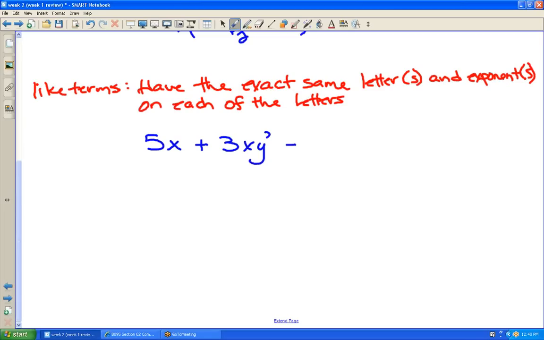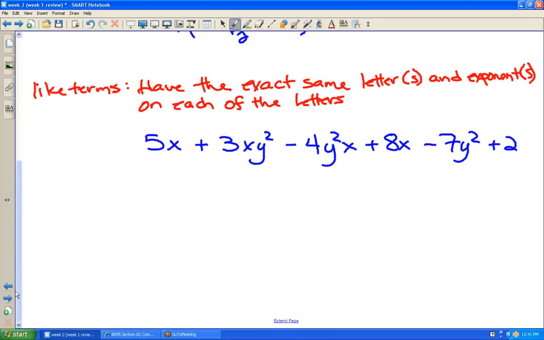So if I give you 5x plus 3x minus 4yx minus 7 plus 2. Okay, so if I'm looking at the problem, first of all, how many terms do I have? I have 1, 2, 3, 4, 5, 6 terms to start with. I'm not worried about which ones I'm going to end up with, but I have 6 to start with. So don't think ahead of yourself too far.